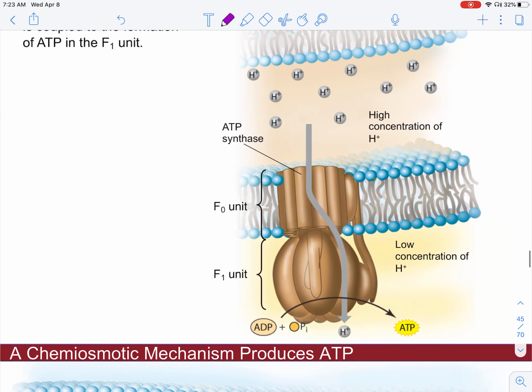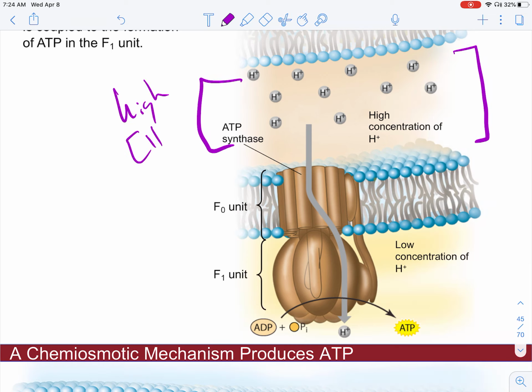And now that we've created this proton gradient, high proton concentration here, low proton concentration here, the protons want to go into the matrix. But they do not, because they can't get there.